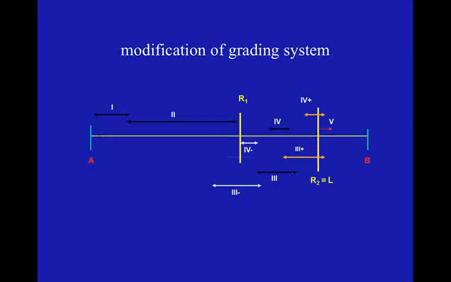It is more the grade 3 and the grade 4 that we found were amenable to a change in the grading system. So if you look at grade 3, originally grade 3 would be a large amplitude between R1 and R2, and the grade 3 currently, that doesn't have a minus or plus, sits in the middle of the range, large amplitude between R1 and R2.